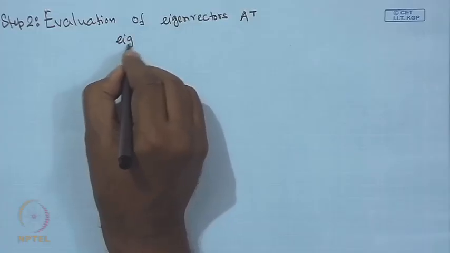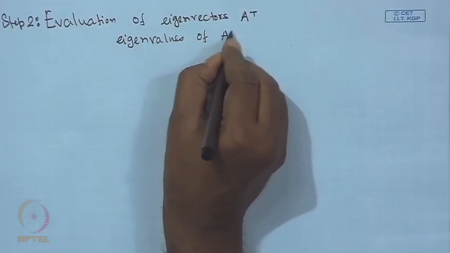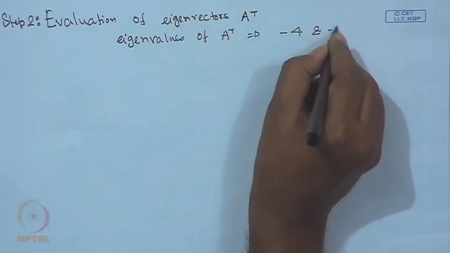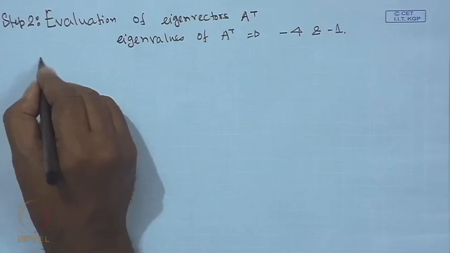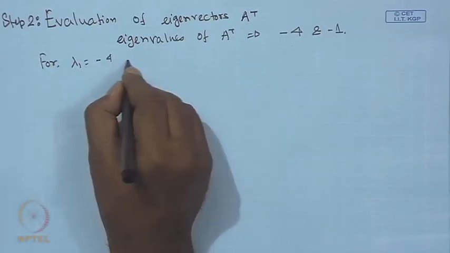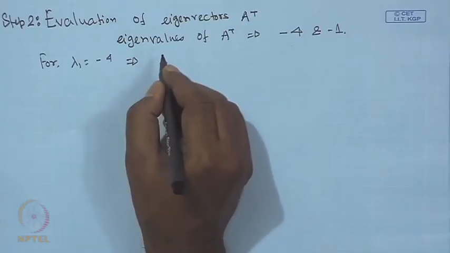Eigenvalues for this A transpose are the same, -4 and -1. So, for lambda 1 is equal to -4, let us evaluate the eigenvectors of this A transpose matrix.